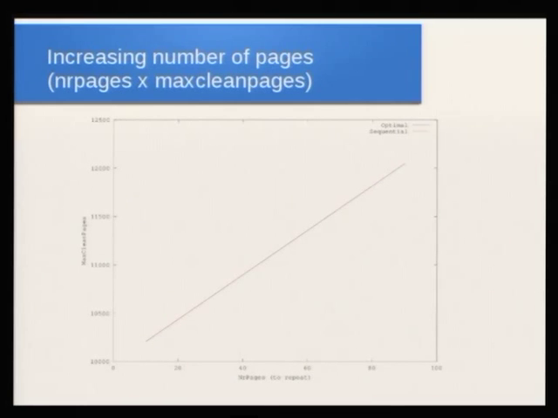And then these are the results from the simulation. That's just the output. Here in blue we have the optimal cleaner, then red the sequential cleaner, and then on this axis we have the maximum number of clean pages and the number of pages, as described earlier. As we increase the number of pages that are repeated in the writer sequence, the maximum number of clean pages increases, which is expected.